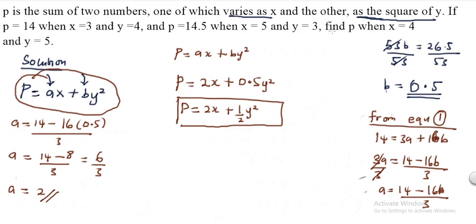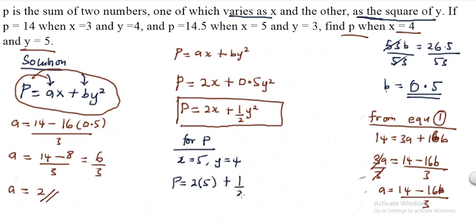After this, we are told that we should find p when x is equal to 4 and y is equal to 5. So for p, when we have x equal to 5 and y equal to 4, we have p equal to 2 open brackets, x is 5, we plug it directly, plus 1 over 2 times y, which is 4, squared. So p is equal to 2 times 5, which is 10, plus 4 squared, which is 16, divided by 2. 16 divided by 2 is 8, so 10 plus 8 is 18.